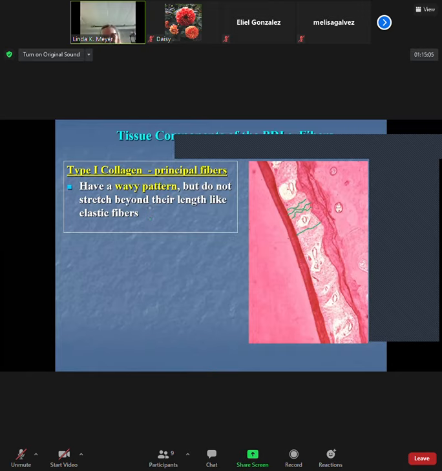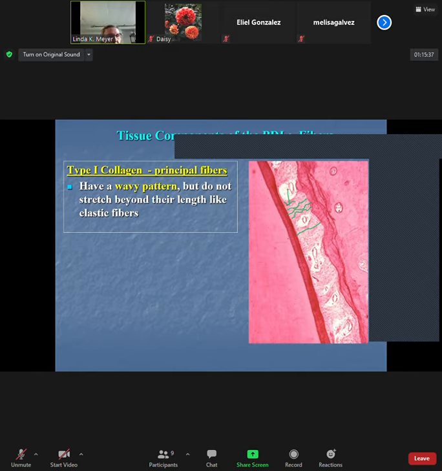It just means they're not out to their complete length, so that when a force acts on this, they will pull straight to their length, but they won't stretch beyond their length like an elastic fiber. So when you bite down or when you try to push your tooth or whatever kind of force is acting, there is a little bit of give because they're not completely stretched out. And when a force acts on them, they'll just stretch out to their length.